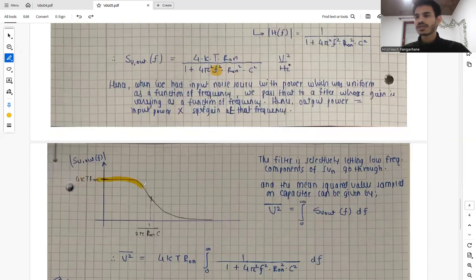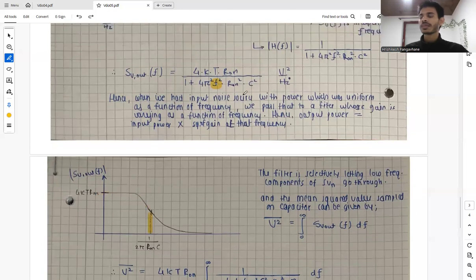And as the dominance of the pole increases, the pole is where the capacitance and the resistance are contributing equally. At this point, we are getting half of the value. Now after the pole, the low pass filter gives us maximum attenuation.